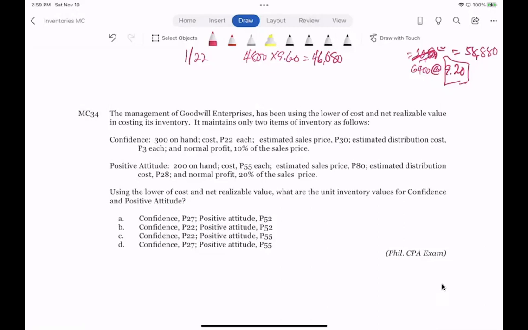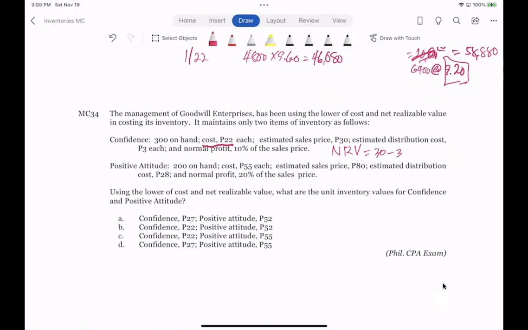We have confidence, 300 units on hand, but we are just computing for the unit cost. Therefore, the cost is 22 each. Compute for net realizable value. Estimated sales price is 30 minus estimated distribution cost of 3, so that's 27.